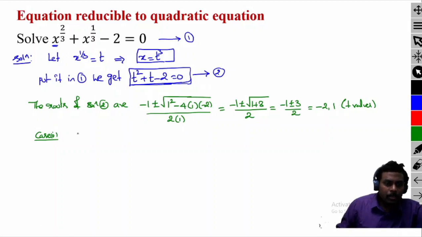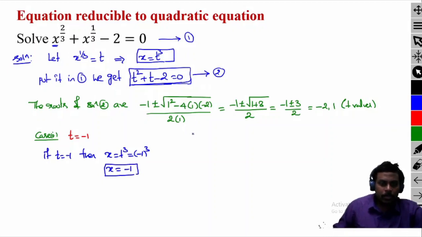So the first case is t is equal to -1. Then x is equal to t cube is equal to -1 whole cube. So x value is equal to -1.